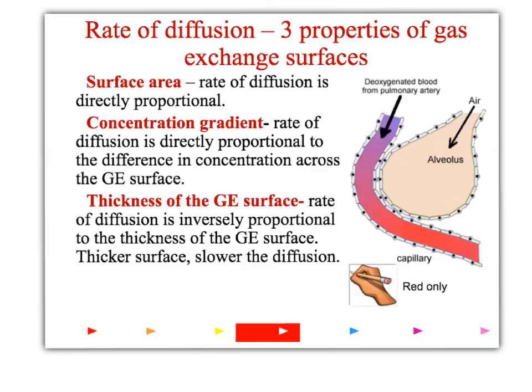Thickness of the gas exchange surface: you can see the alveoli has got a very thin membrane, and also the capillary here is a thin membrane, so diffusion is going to be faster. And finally, temperature. As you increase the temperature, the particles are going to move around faster, so therefore diffusion is going to happen quicker because they've got more kinetic energy.